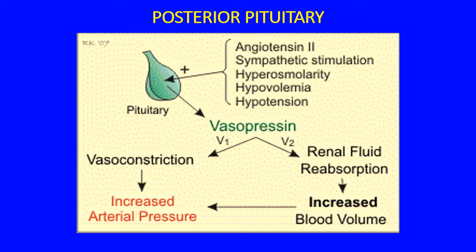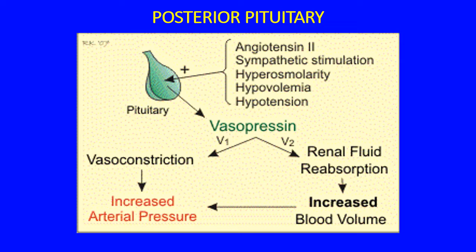Now, let's go back to that analogy. A gentleman or lady, whatever, coming in with a severe stab wound. They have come into the ER. They've lost 10, maybe 15, maybe 20% of the blood. They lost 20%. That's a serious situation. So vasopressin is going to be released, but it's going to have a 1-2 punch.